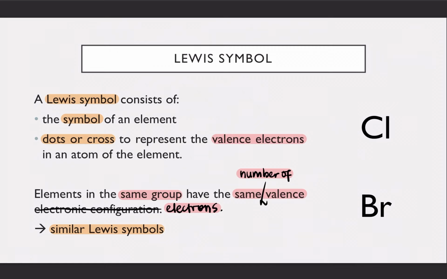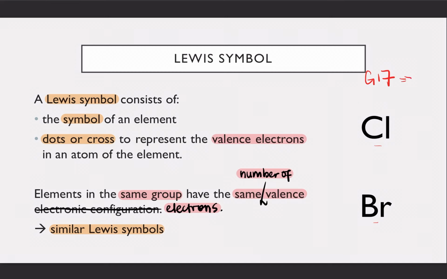But before that, I will show you what a Lewis symbol looks like. A Lewis symbol consists of the symbol of an element and dots or crosses to represent the valence electrons. So in a Lewis symbol, we will only show the valence electrons. Let's say for chlorine and bromine, they are both group 17. I'll show you for chlorine first.